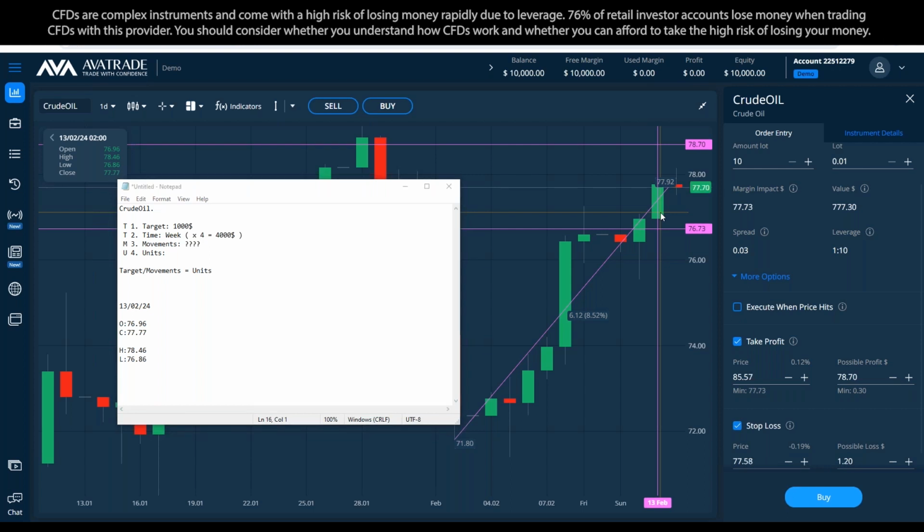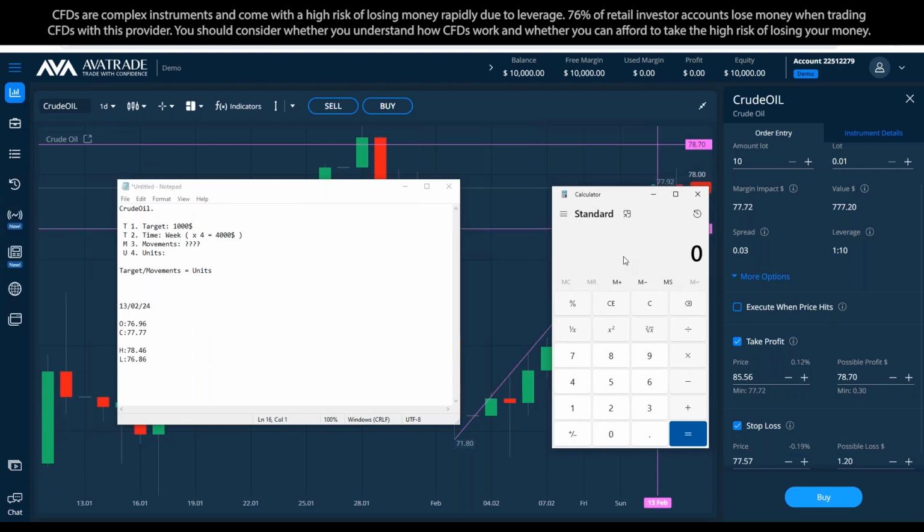Now we're going to simply subtract the differences because we want to know how much it moved yesterday. Therefore, 77.77 minus 76.96, that's less than $1. And the difference between high and low is okay, but by doing that, I just analyzed one candle.